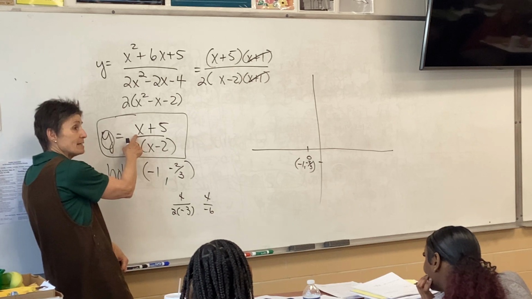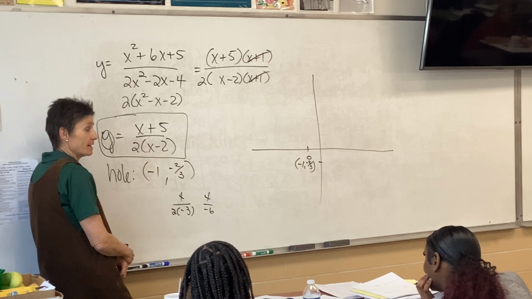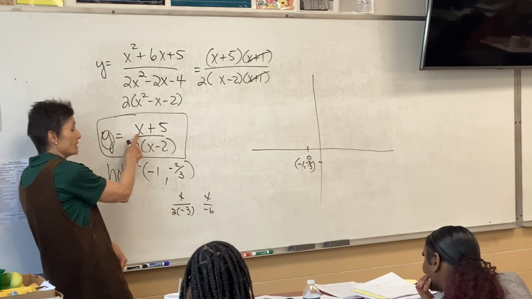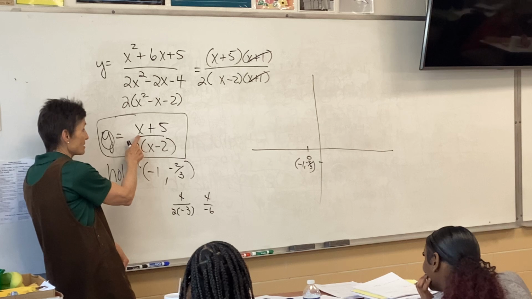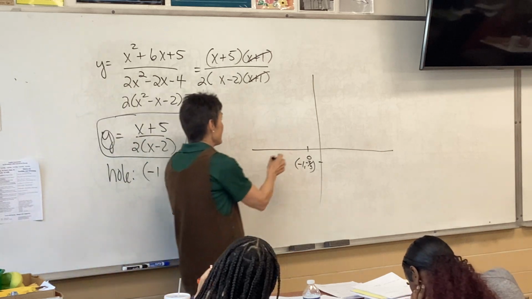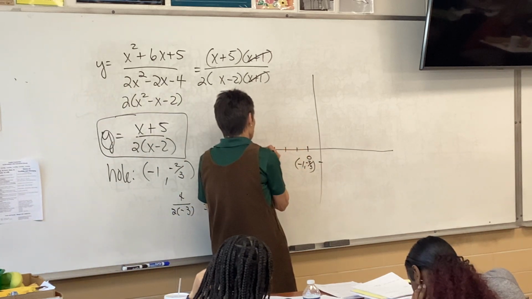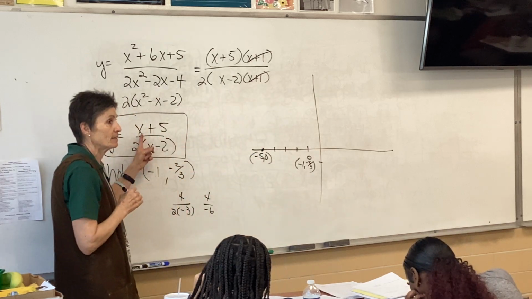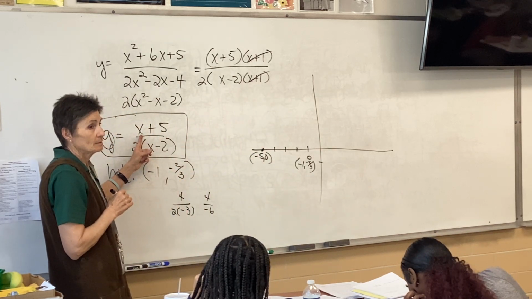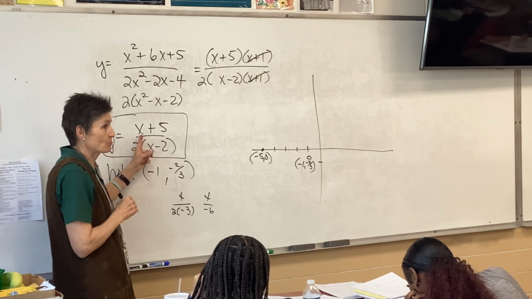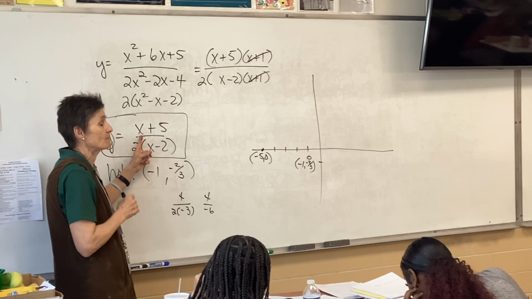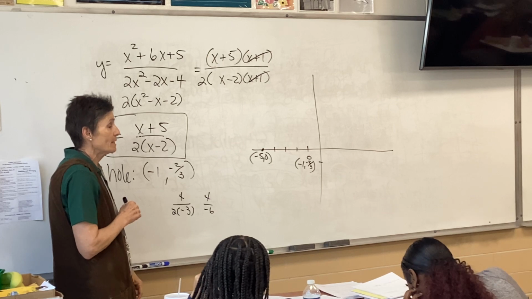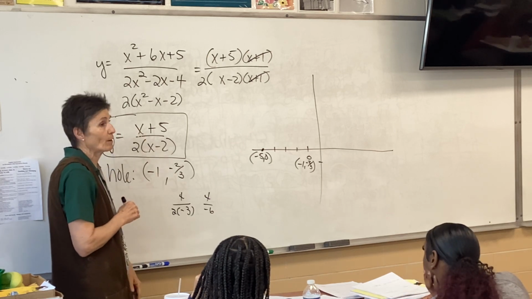To get an x-intercept, that's an x value, I'm going to let x be -5. What happens if you put -5 in here? You get 0. That's an x-intercept. It's the x value that gives you a y of 0. X-intercepts come from the numerator of the fraction.